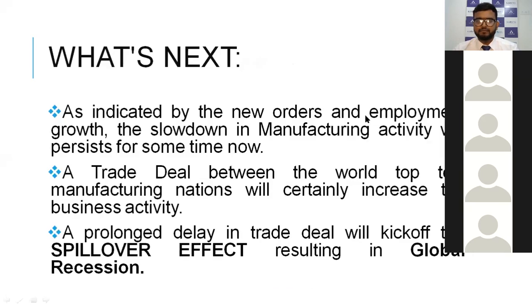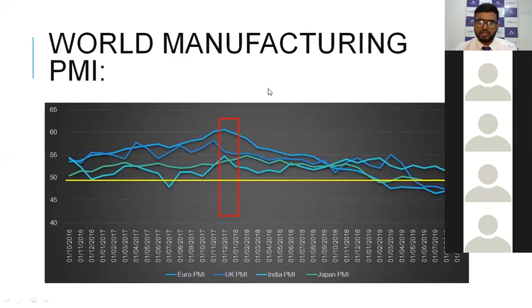So we have understood that there is a slowdown in manufacturing activity, and we have also understood in which countries how much is the fall, as we just saw in this chart. Surprisingly, you can see only India is currently holding a position above the 50 mark.